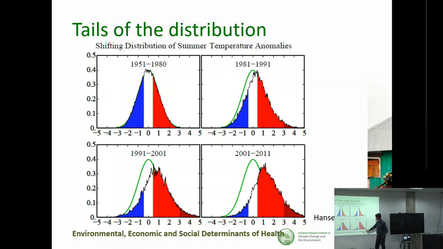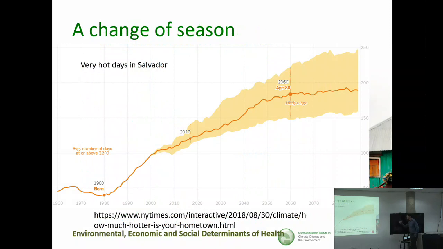The thing I want to pull out here is that there's this right tail of high summer temperatures that essentially did not exist, but is now a significant, common part of the temperatures that are experienced every year. And so we want to understand what kind of effect that's going to have.